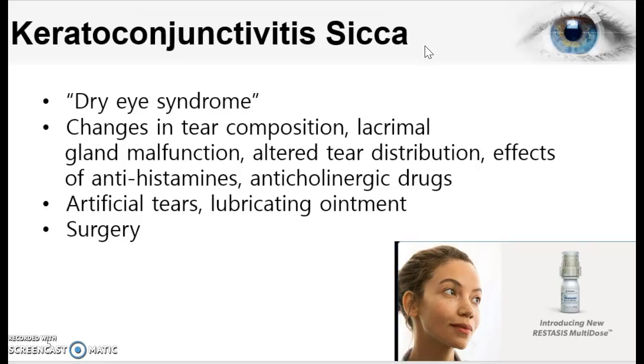You can have the gland, your lacrimal gland, not functioning properly. Sometimes tear distribution is affected. And then there are drugs, of course, we know that tend to dry out body fluids in general, like antihistamines and anticholinergics that can create symptoms like this as well.